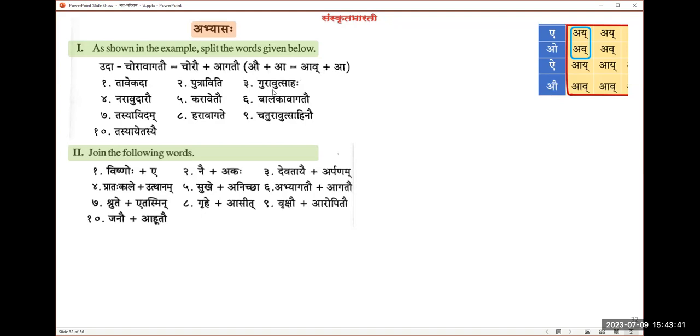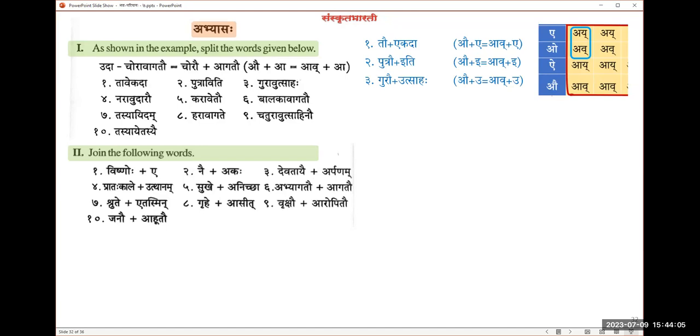Okay. One more for you. Gura Utsaha. Gurau plus Utsaha. Well done. Au plus U is equal to Au plus U. Gurau Utsaha. Thanks, Shri Priya Varye.